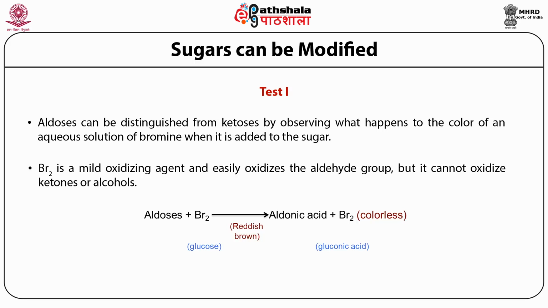When an aqueous solution of bromine is added to a solution that contains an aldose, the bromine, which is reddish brown in color, becomes colorless, while the aldose sugar, if it is glucose, is converted to aldonic acid. So glucose will be converted to gluconic acid. You can monitor the disappearance of the reddish brown color in this test, and if the aqueous solution of bromine becomes colorless, then you know that your tube contained an aldose.